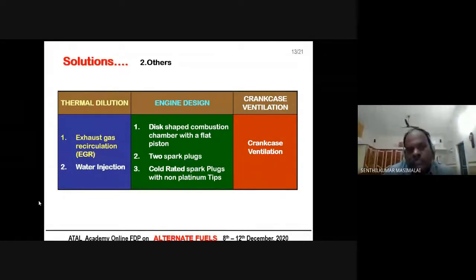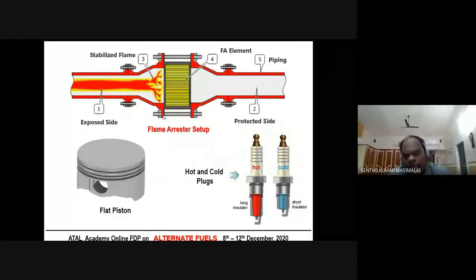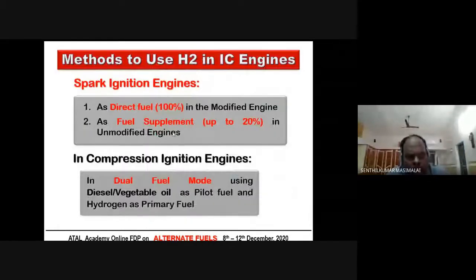So these are all the ways for preventing flashback and pre-ignition with the hydrogen fueled engine. These are some of the arrangements we can adopt in our engine for using hydrogen safely. Now let us see how to use hydrogen in internal combustion engine.